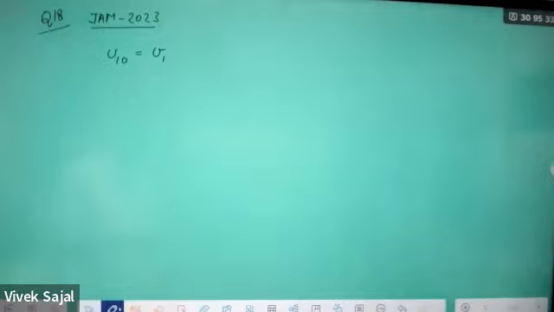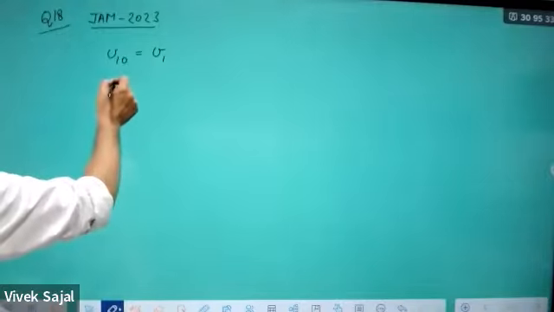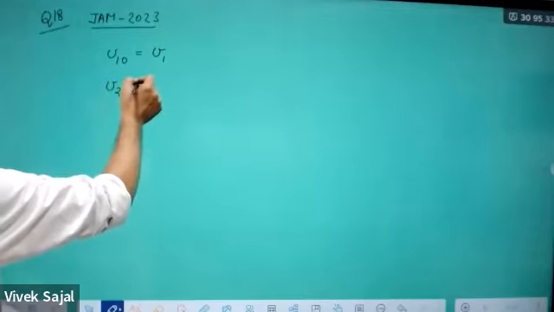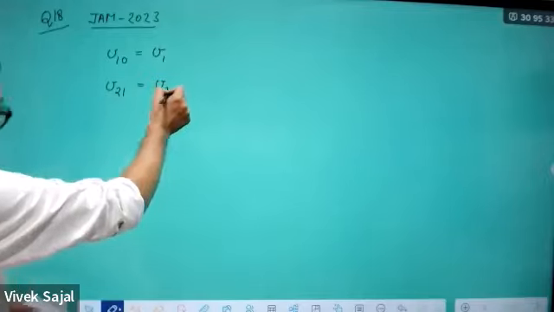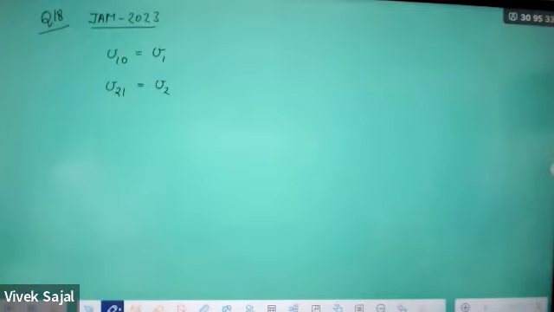F2 is moving with V2 i cap with respect to F1. Velocity of 2 with respect to 1 is V2.